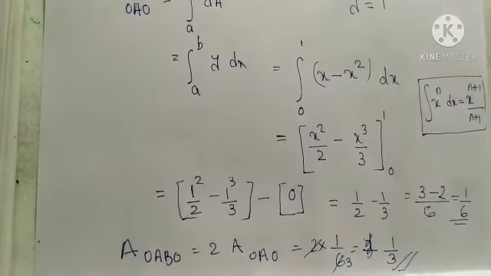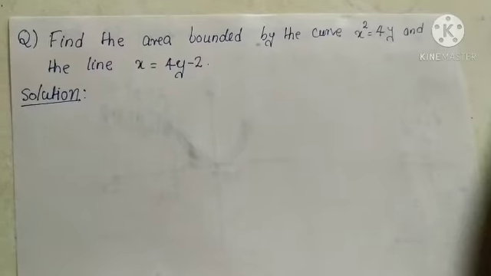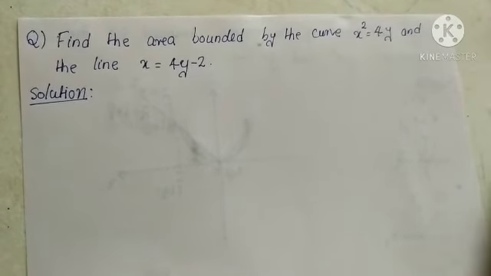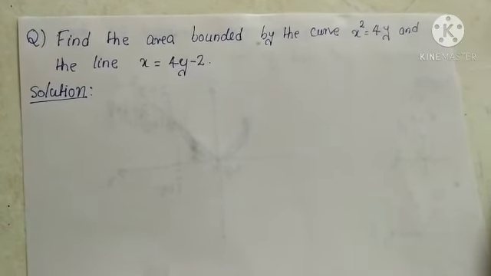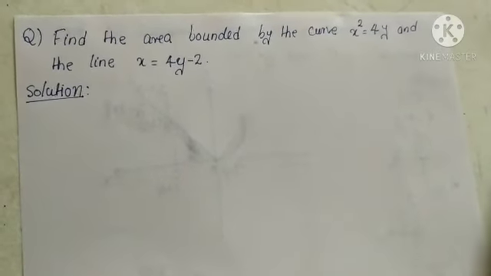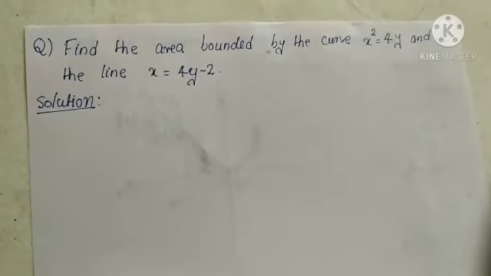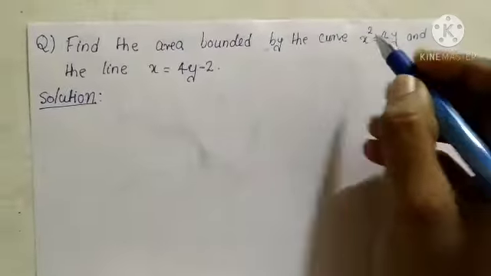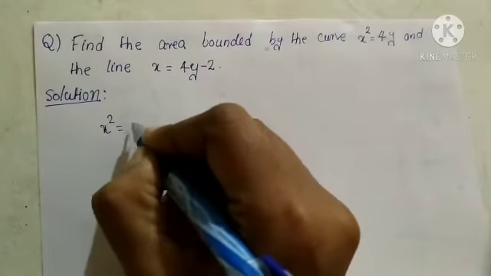Okay, I hope you understood this question. This is our second question. Find the area bounded by the curve x squared equal to 4y and the line x equal to 4y minus 2. Okay, so let's start the solution of this question. Given two curves, the first curve is x squared equal to 4y.